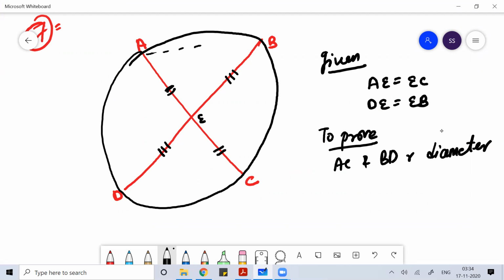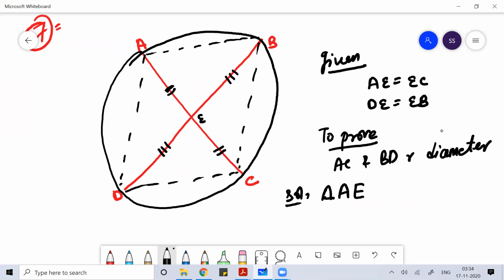If you join this, now if you consider triangle AEB and triangle DEC, you can prove it through SAS congruency. So triangle AEB will be congruent to triangle CED by SAS congruency.